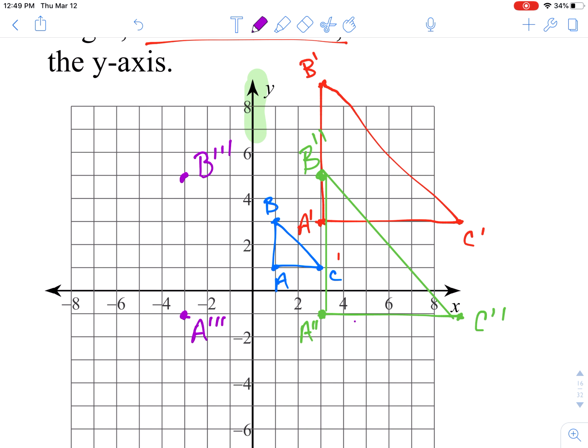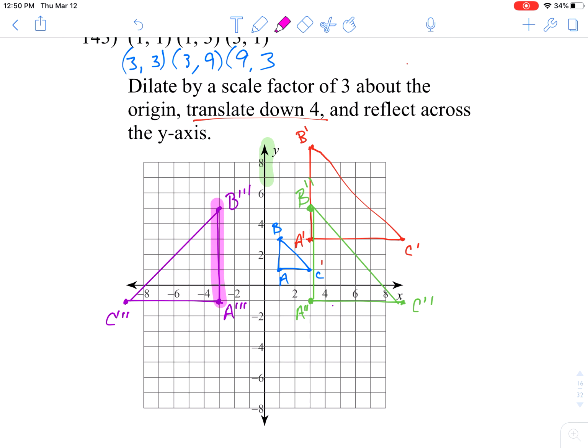So we're going to go 9 away on the other side. 3, 6, 9. Off the graph a little bit, one space. Actually, we're going to call it C prime, prime, prime. So we've moved the shape 4 times. Your final shape should end up over here on this side of the graph. This is your final destination right here, the one that's highlighted in pink.